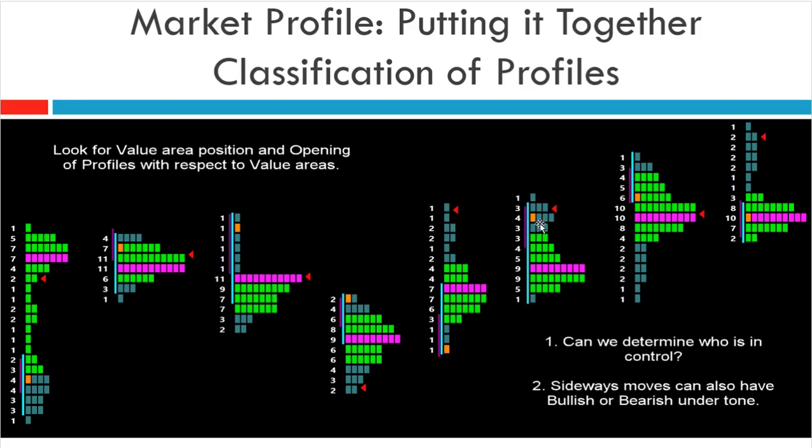So let us look at this one. This opens clearly above the previous value area of a profile and closes above it. This is again a bullish profile. This profile is opening above the value area of the previous profile and closing above it. Again, it's bullish, and so is this.